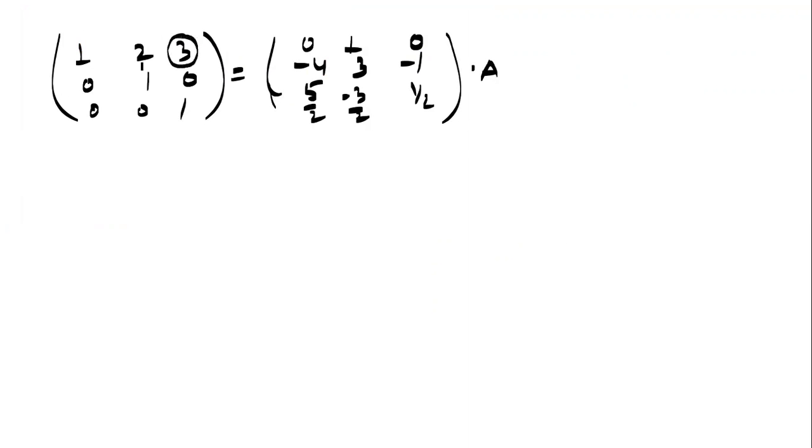So I want to make it 0. I can write R1 arrow, R1 minus 3 R3.